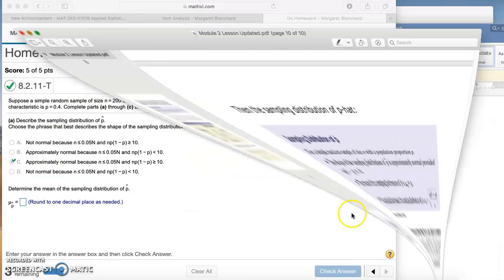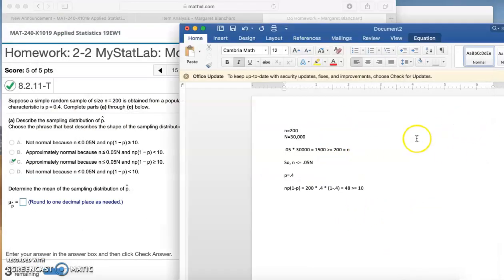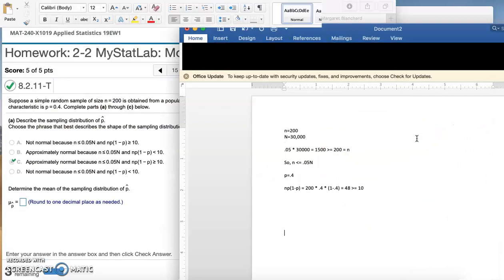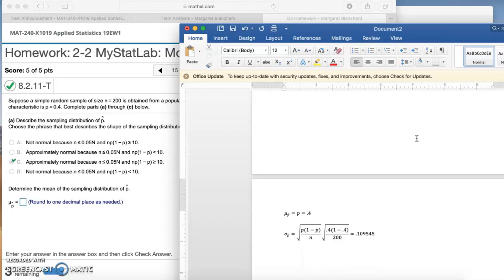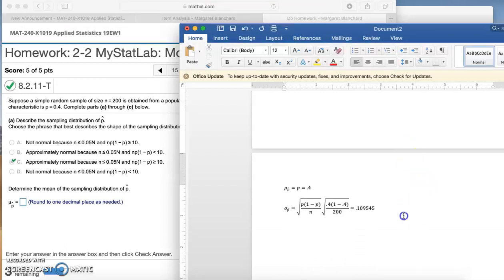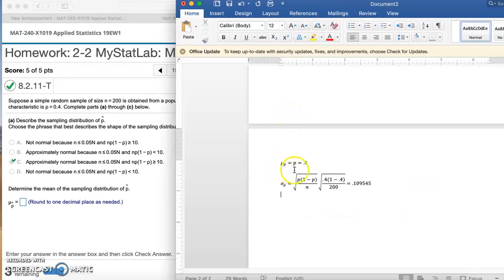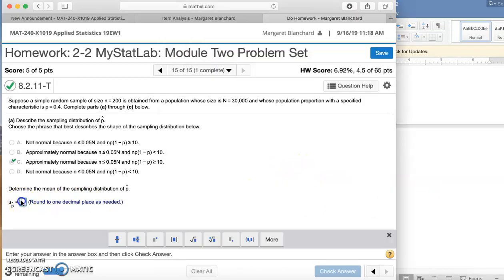Okay, so let's go ahead and check that. Here we go. All right, so the mean of p hat is p, so that's pretty easy. Let's go ahead and just put that in. That's 0.4.